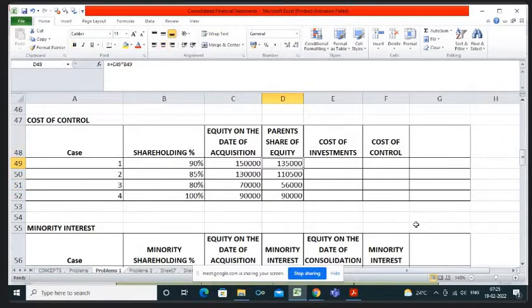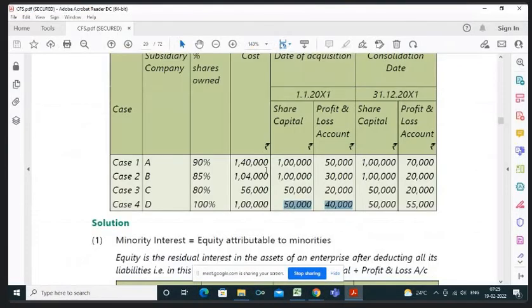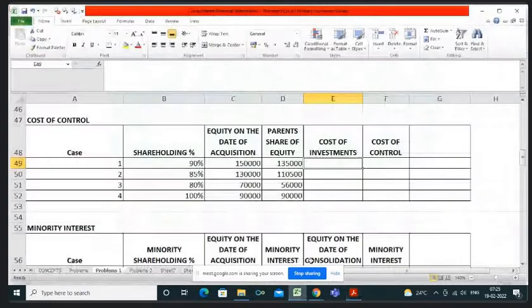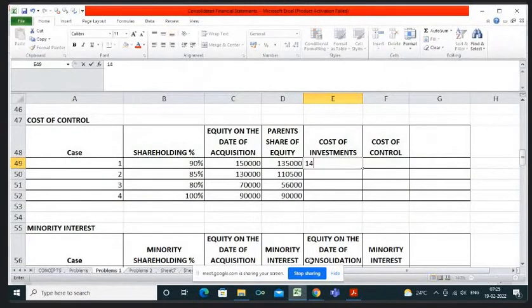Now we have to compare it with the cost of investment. So what is the cost of investment? It's also given in the table. 1,40,000, 1,04,000, 56,000 and 1 lakh. So you have to take those: 1,40,000, 1,04,000, 56,000 and 1 lakh.